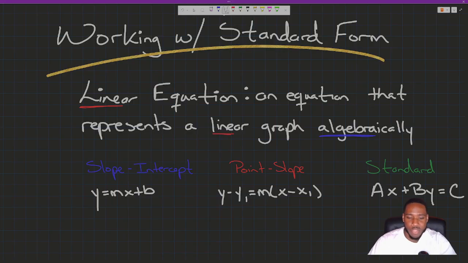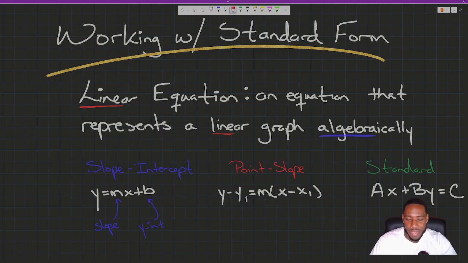Alright, so these are the three different ways we can write these linear equations, and each of them gives us some helpful information about the graph that we're looking at just by inspection. That just means by looking at the equation. Slope-intercept form, as the name suggests, gives us m, which is our slope, and b, which is our y-intercept, also called our initial value.